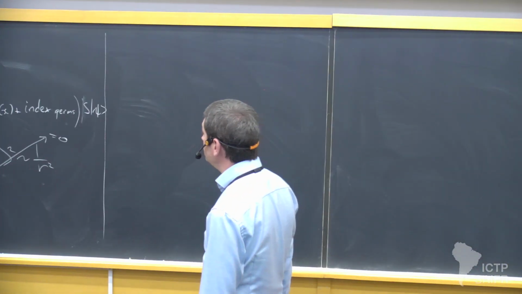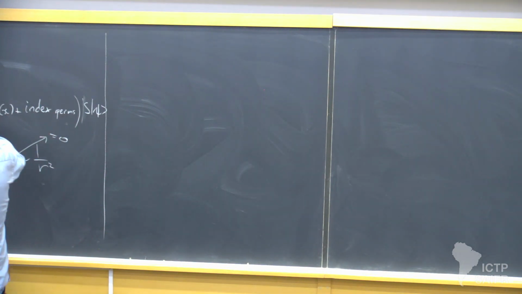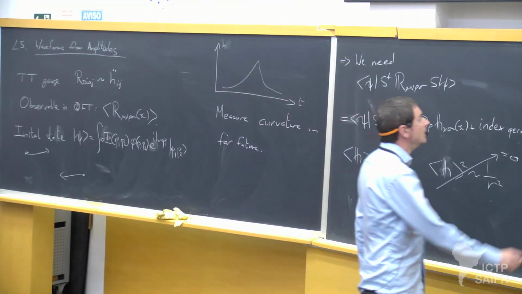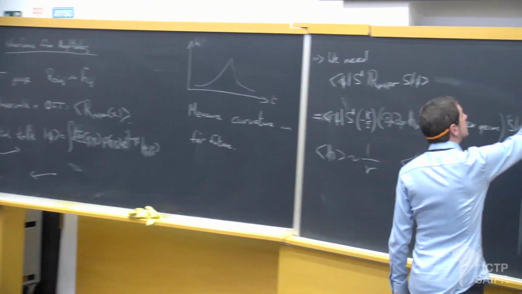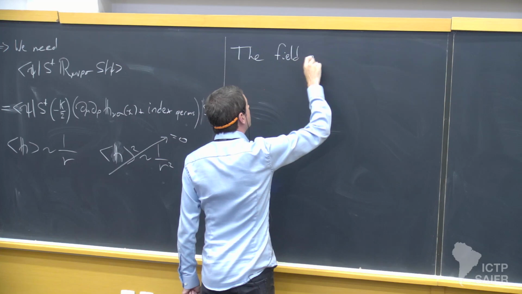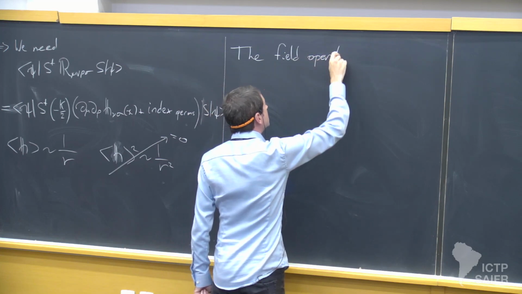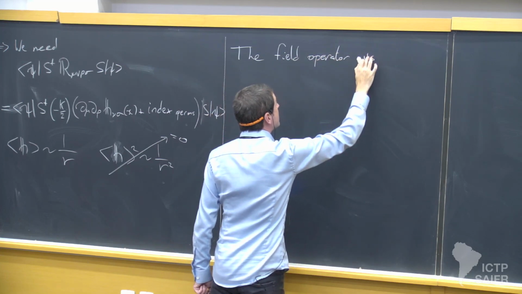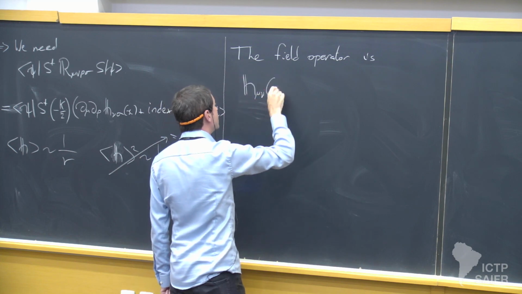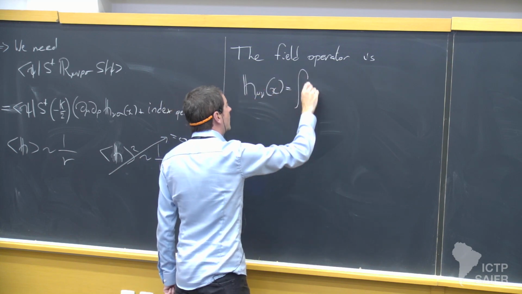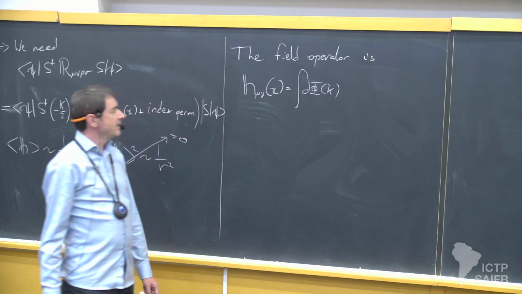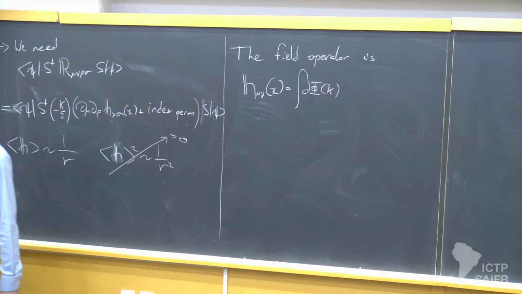Okay. Very good. Now, what about this field operator? What is it like? So we can mode expand it. So h mu nu of x. Field operators always involve an integral over on-shell momentum space.